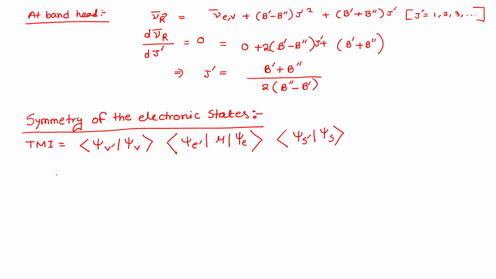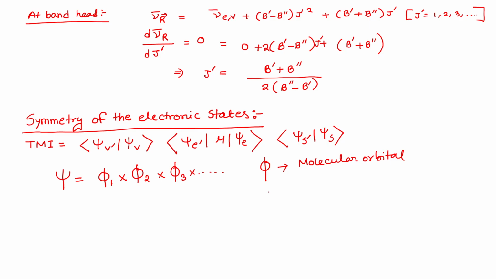So suppose psi will be phi 1 into phi 2 into something, where phi is my molecular orbital and this is my overall wave function.